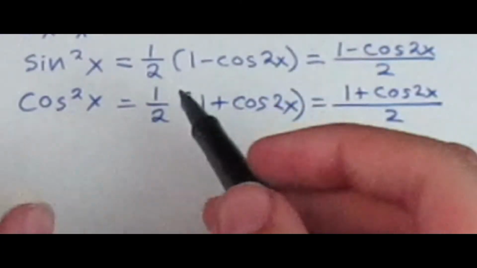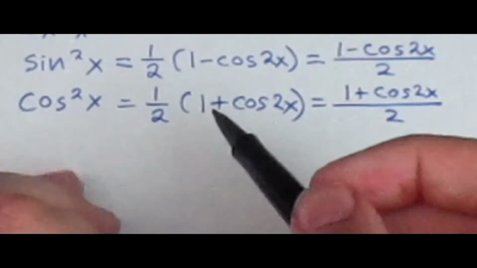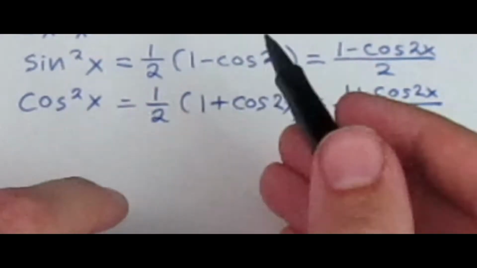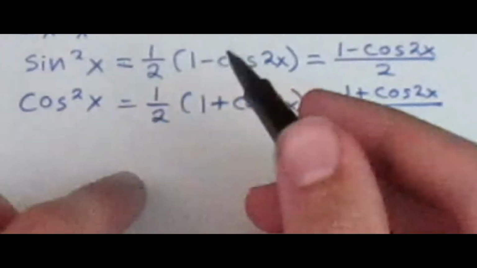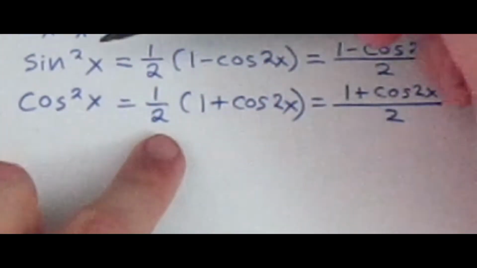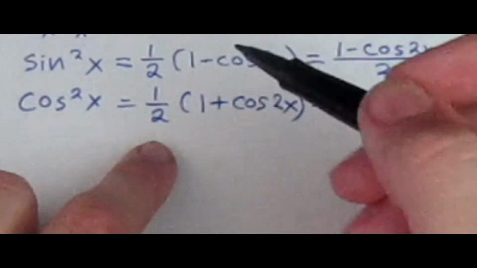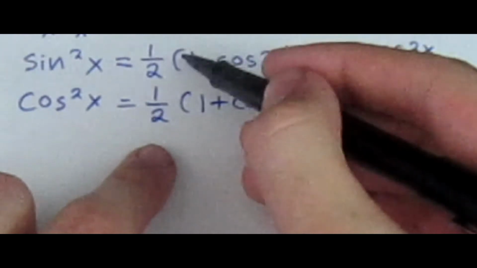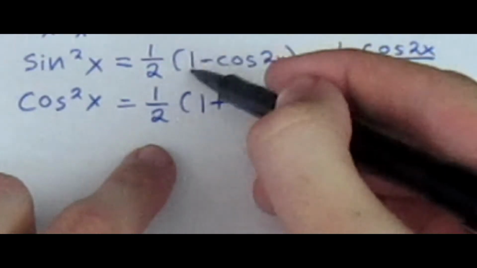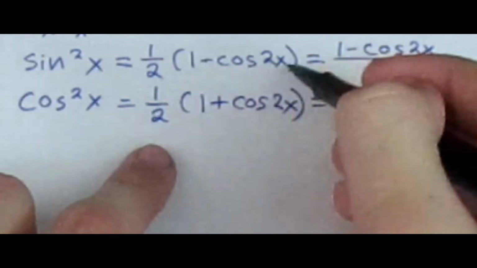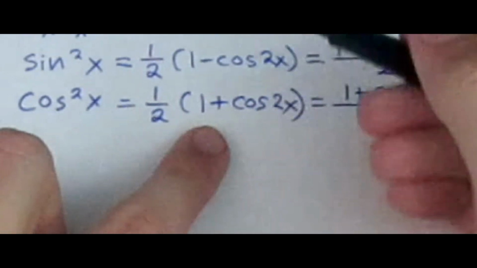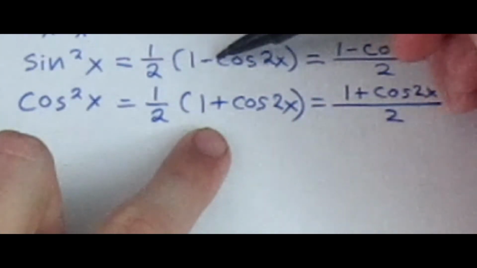When I know that I have to use half angle identities, the first word is half, so I just put a half. The only difference between the two is the sign. So if you could just memorize that, first you put half and then you multiply it by the quantity 1, leave a space, cosine of 2x. Now for sine it's going to be a minus.